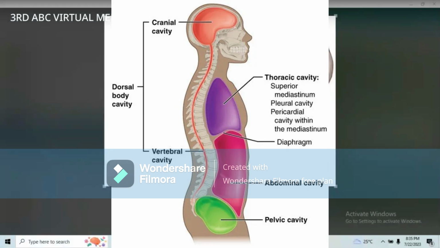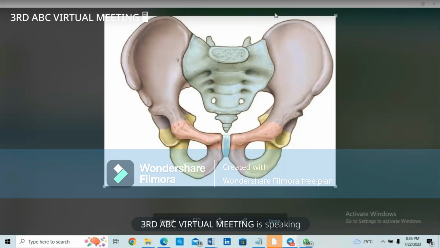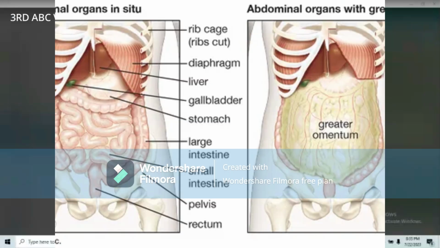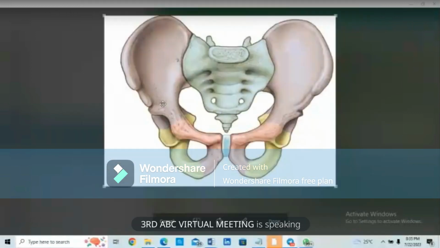Why? Because you have some viscera that are lying here. There are some viscera that will lie on this greater pelvis. For example, you will find your small intestine around this region, your appendix around this area, and things like your sigmoid colon around this area.